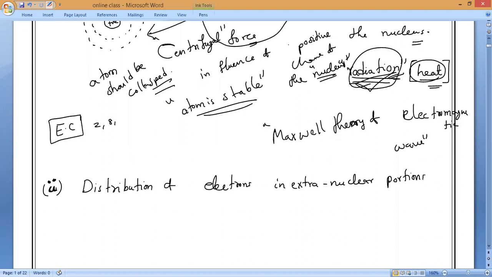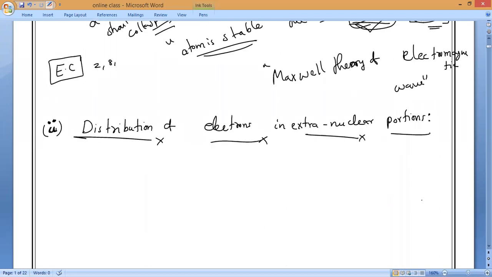First point, anyone having doubt, please kindly let me know. Are you clear with the first point? What are the drawbacks? You have to explain clearly in the exam. It's a very, very important question. So, distribution of electrons in extranuclear portions.